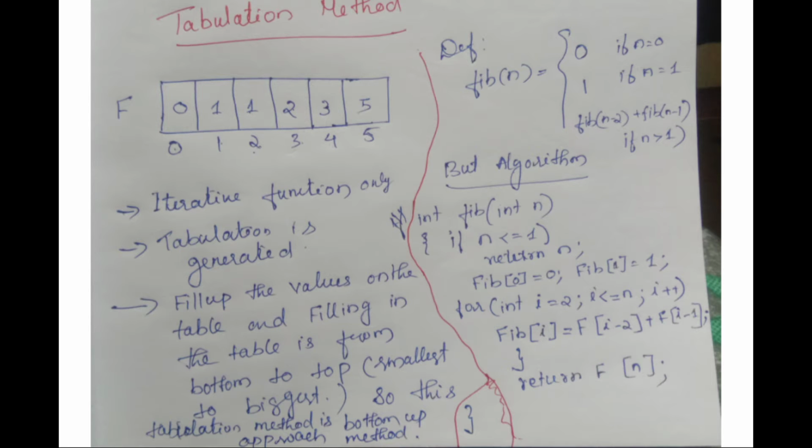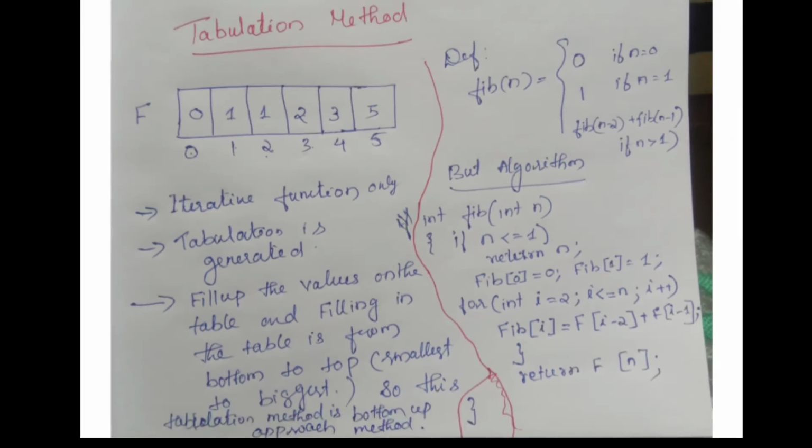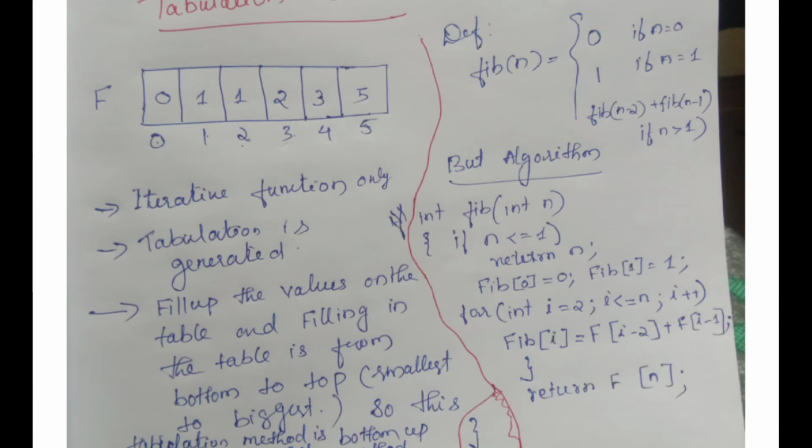Okay, to recall the definition of the Fibonacci series, the same concept is given here. We assign two values to two variables, that means f0 and f1. If n equals 0, the return value is 0, and if n equals 1, then return the value n. So the first two values are assigned.